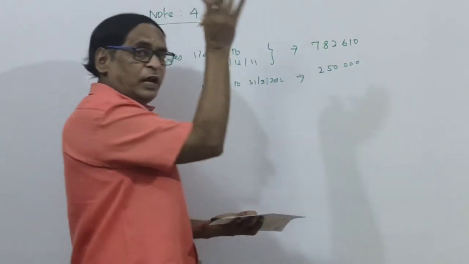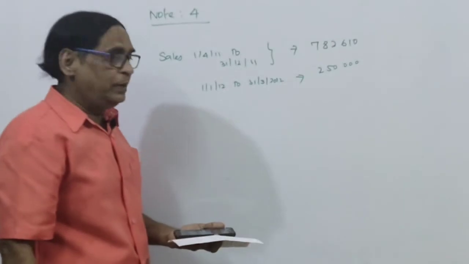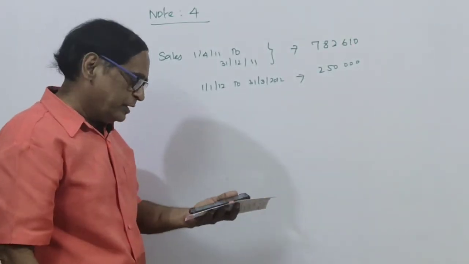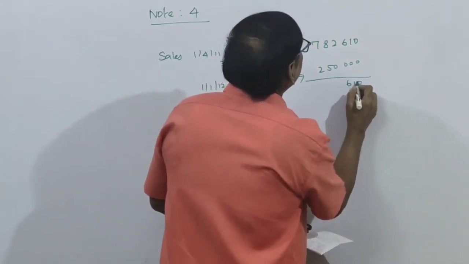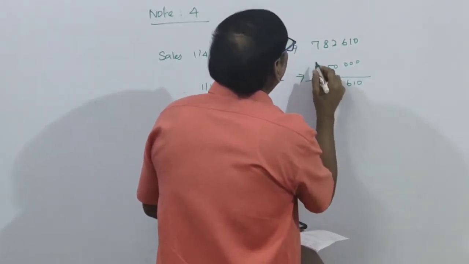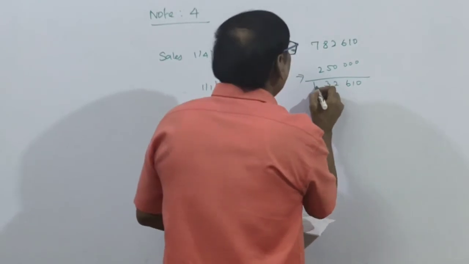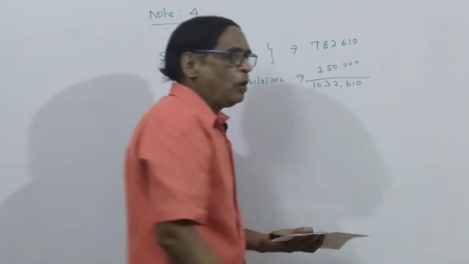From this we had already found the corresponding indemnity period, etc. So many figures we have found. Then the total amount comes to 10,32,610.